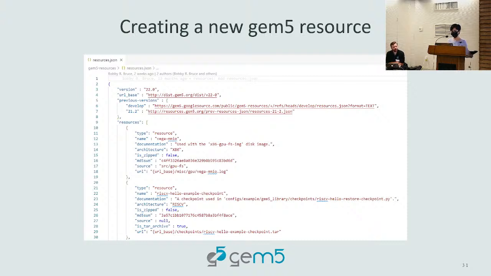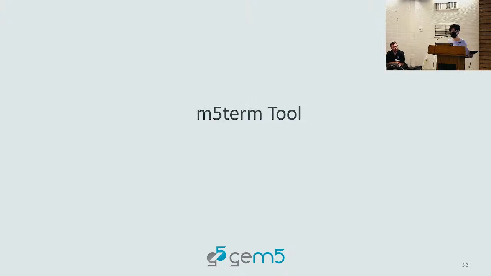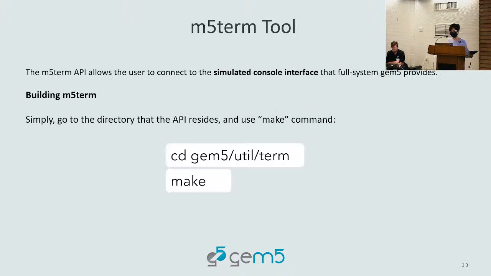Okay, this is the end of this section, and then we're going to see a very useful tool called m5term and how we can use it. So the m5term tool is actually an API that gives you access to the simulated console interface that the full system gem5 provides.